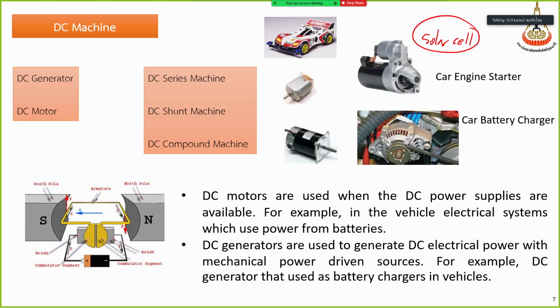Then DC generators are used to generate DC electrical power from a mechanical power source. For example, a DC generator is used as the battery charger in a vehicle right here. It just produces DC power to charge the battery while the engine is running.